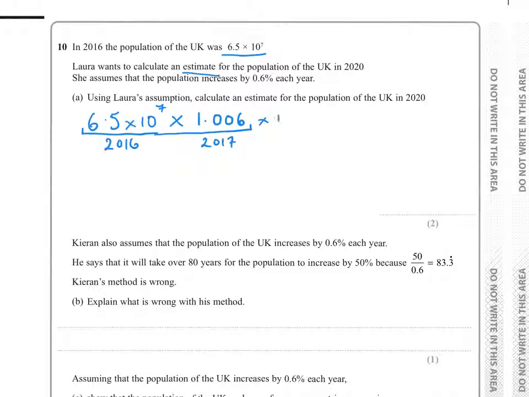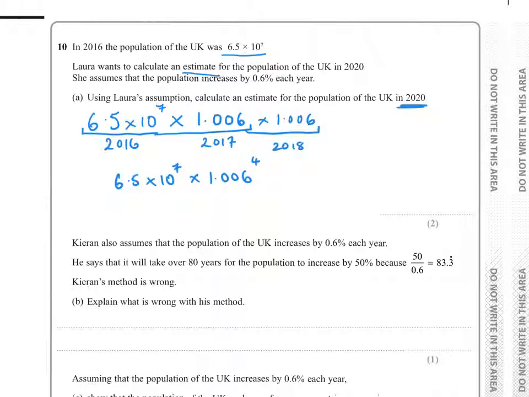And then if we times by 1.006 again, then we'd have the population in 2018, and so on. So the quickest way of doing it on the calculator would be to say times 1.006 to the power 4, because that would take us up to the year 2020, or 2020, whatever you prefer saying.